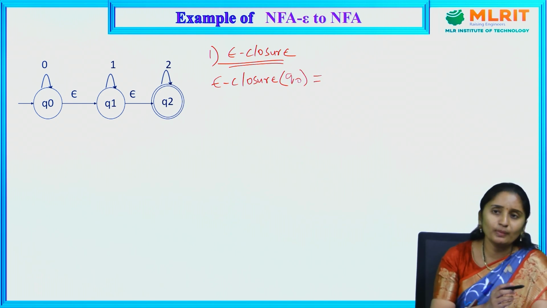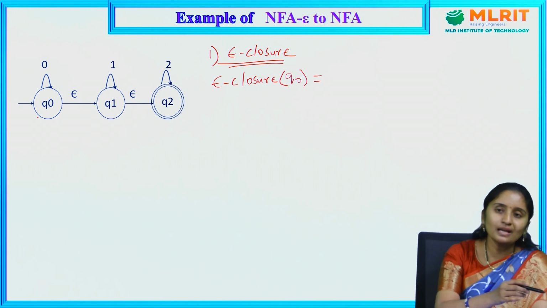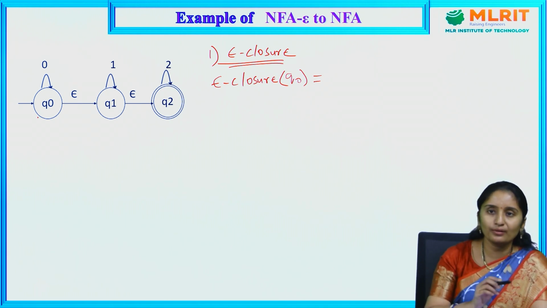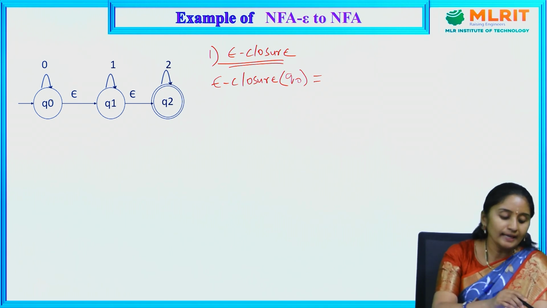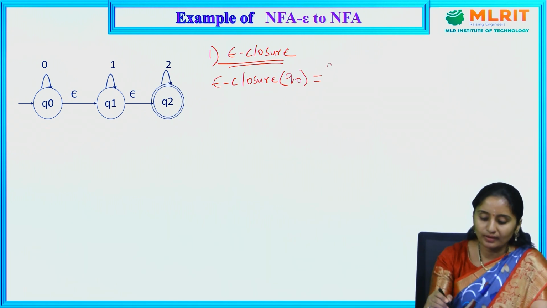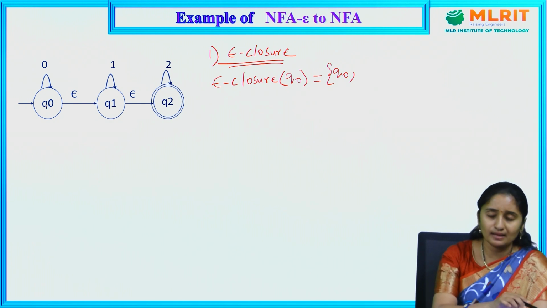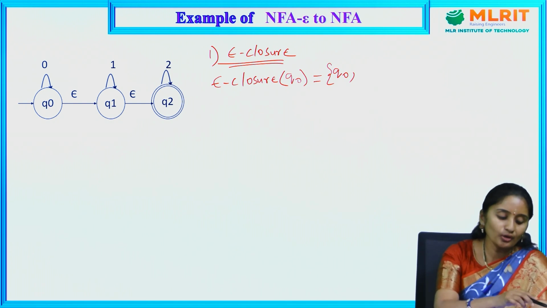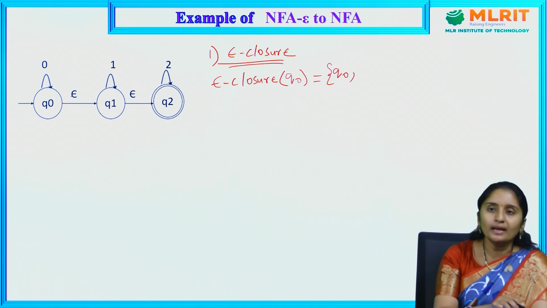Whatever the state may be, the state itself will have an epsilon. We are going to assume that each and every state has a self epsilon. So by default, Q0 we are having, as it is my starting state. I am going to find the epsilon closure for Q0. Q0 itself has an epsilon, and from Q0, are there any epsilon moves?